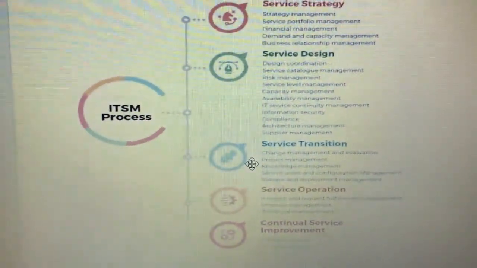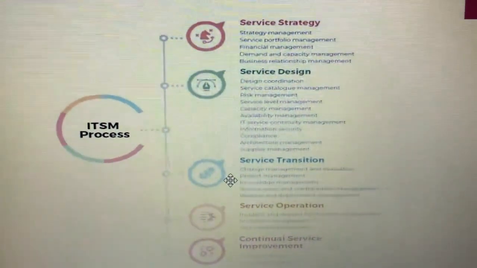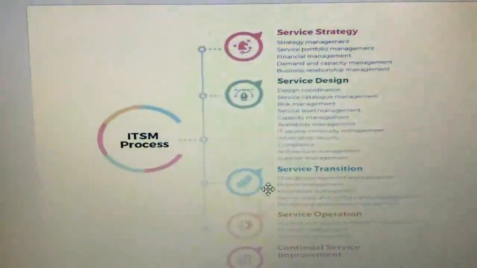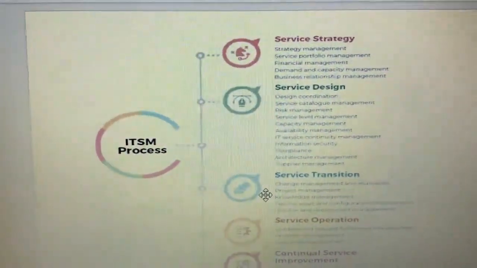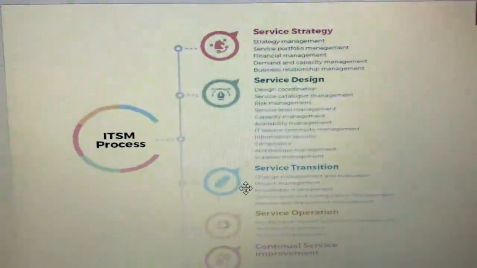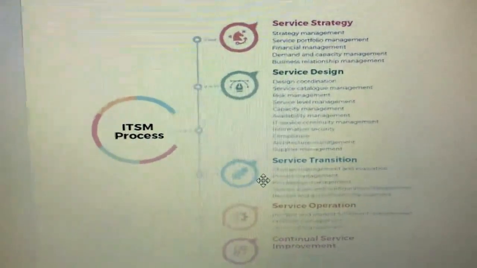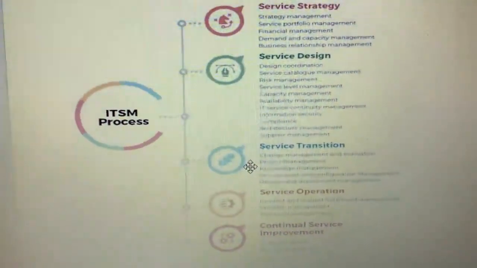Service strategy is the first stage of the ITSM process. It is a framework of the organization that involves defining the services that the organization will offer and recognizing and delivering the required assets to keep the process moving.